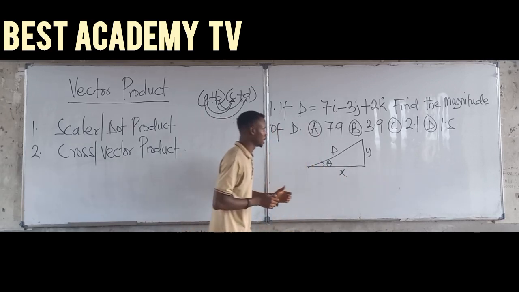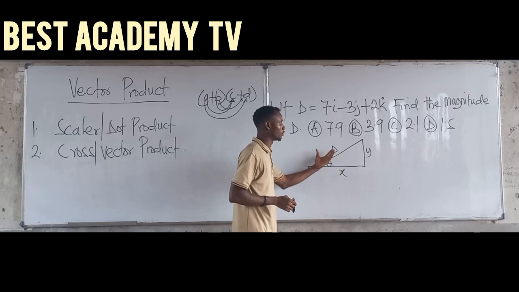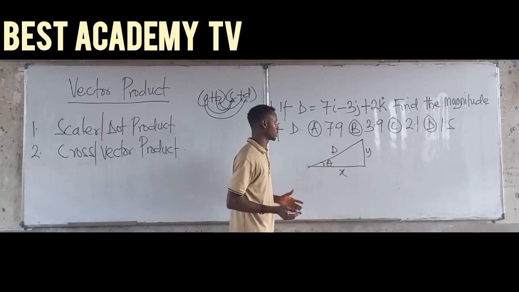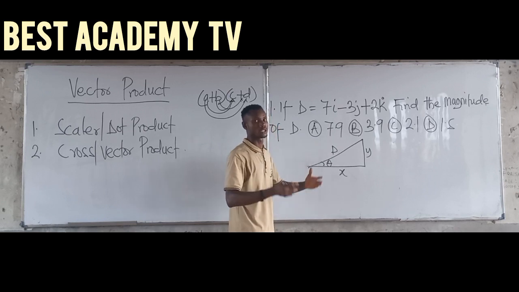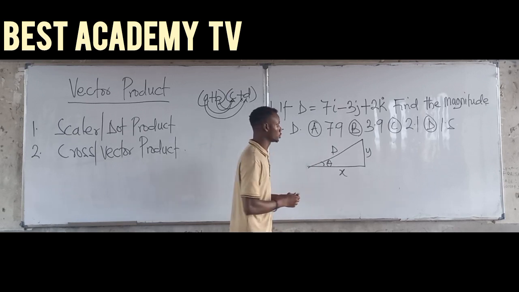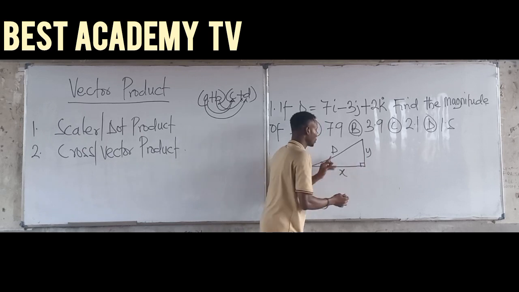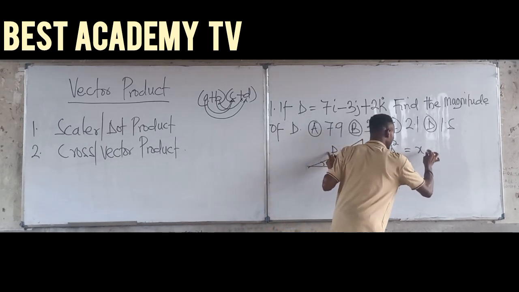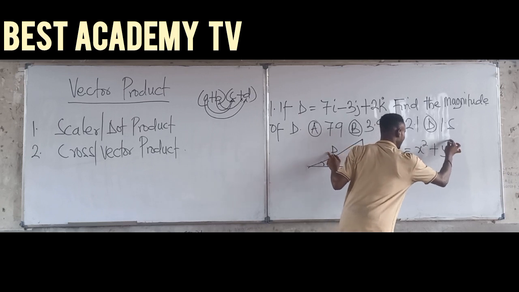So if I'm asked to find the magnitude of d, it means that we apply Pythagoras theorem here. What does it say? The square of the hypotenuse is the sum of the 2 squares in a right angle triangle. So d squared will be equal to s squared plus y squared.